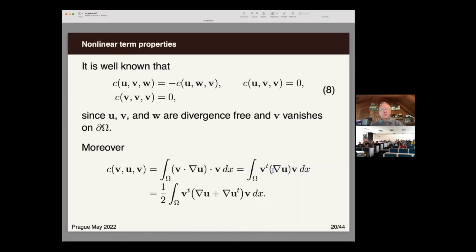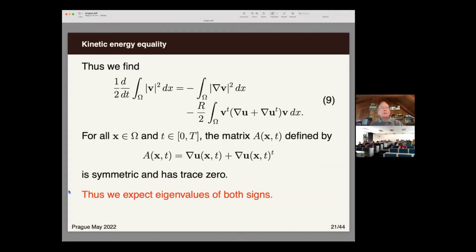So the strain associated with U, this is the symmetric part of the strain. That's a little exercise to prove, or it's in my book on Phoenix. So what we find is this: the time rate of change of the perturbation is given precisely by the kinetic energy, with a missing viscosity nu there. Maybe I've divided out here.